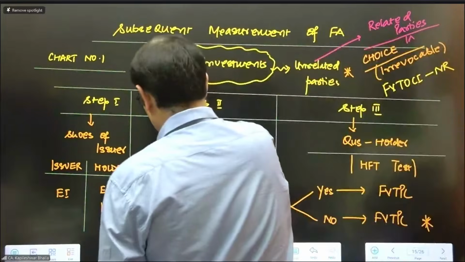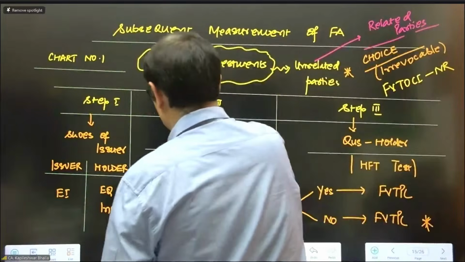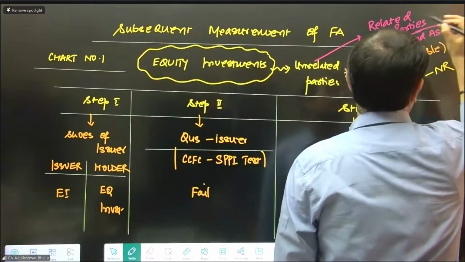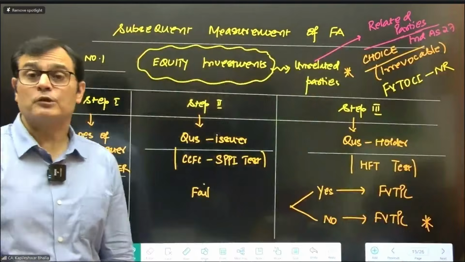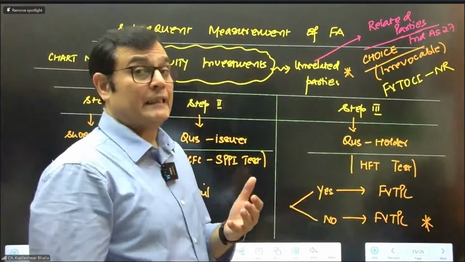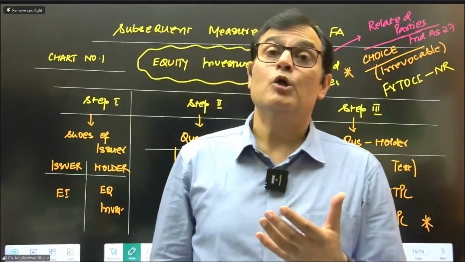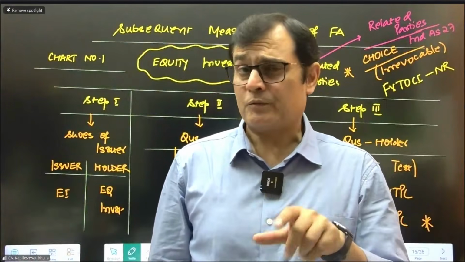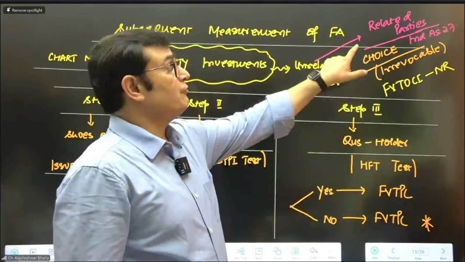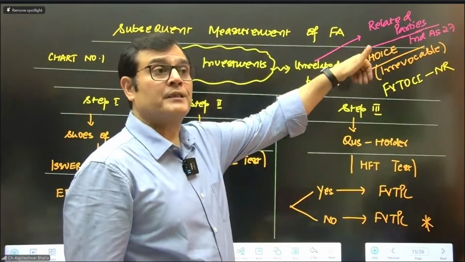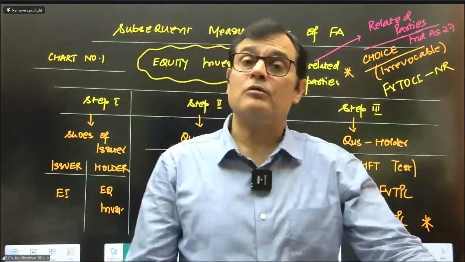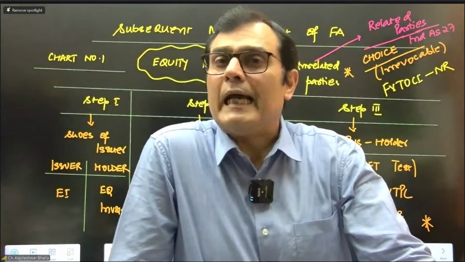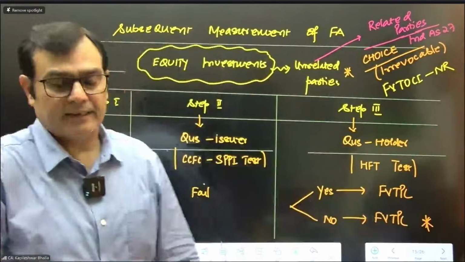Related parties are covered by Ind AS 27, where generally, I'm saying generally, these investments are taken at cost, because Ind AS 109 is per se applicable for those equity investments which are made in unrelated parties. So I think that was important to mention. If you make investments in related parties, subsidiary, associate, and JVs, then all those investments as per Ind AS 27 are taken at cost or fair value at the choice of the company. I think that makes sense now.